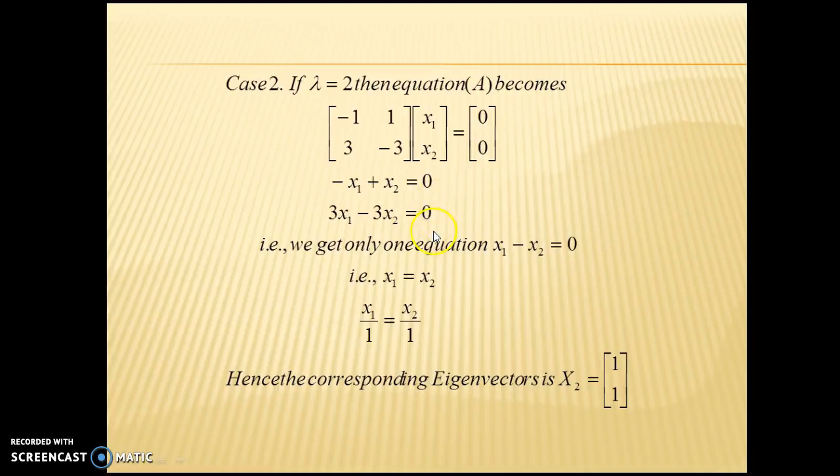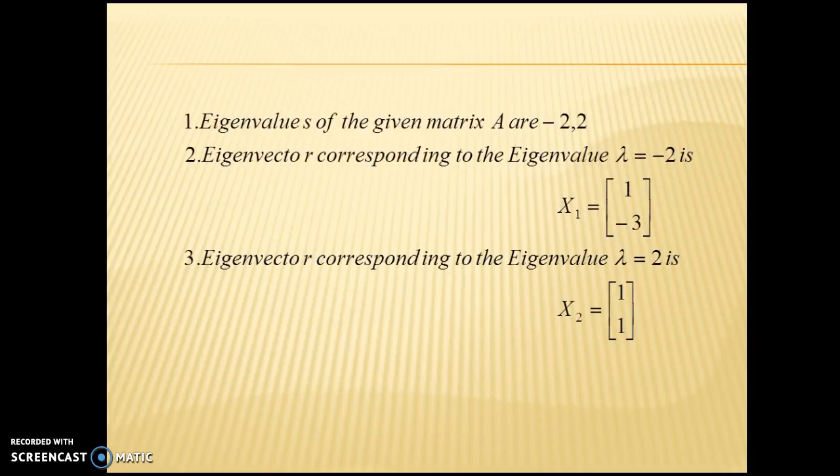These two equations are also the same. So let us consider only one equation, which is x1 minus x2 equal to 0. That is x1 equal to x2, which implies that x1 divided by 1 equal to x2 divided by 1. Finally, we get two eigenvalues and two eigenvectors.